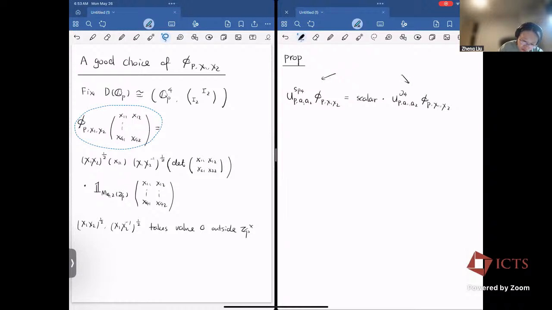So these two are the UP operators for this diagonal matrix p to the a1, p to the a2, p to the negative a1, p to the negative a2.